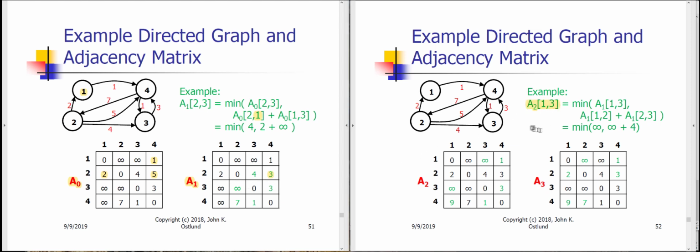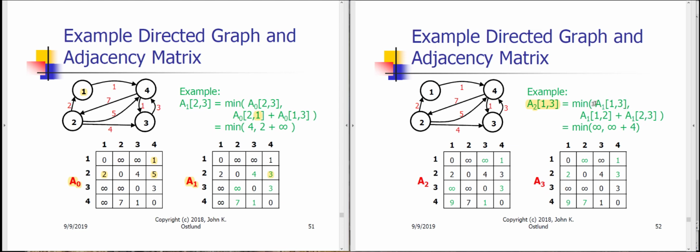For example, here, A sub 2, 1, 3, that is A sub 2 with 1 as a source and 3 as a target, is either going to be the shortest path that we already knew about from A sub 1, or it's going to be A sub 1 with 1 as the source, now allowing 2 as a possible intermediate node, plus A sub 1 from 2 to 3.